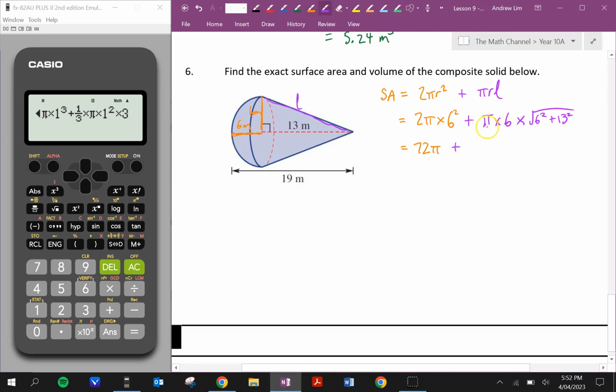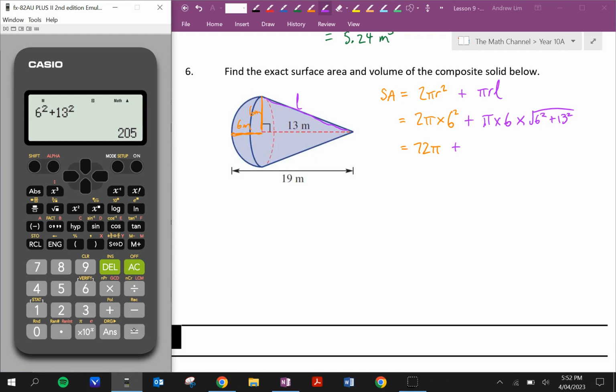And I'm not going to type pi in my calculator for this section either. But let's see if we get a nice answer. 6 squared plus 13 squared. No, we do not get a nice answer. So let's see what just 6 squared plus 13 squared is. 205.